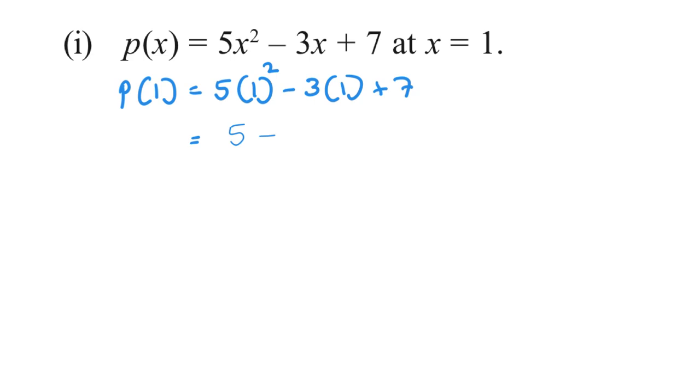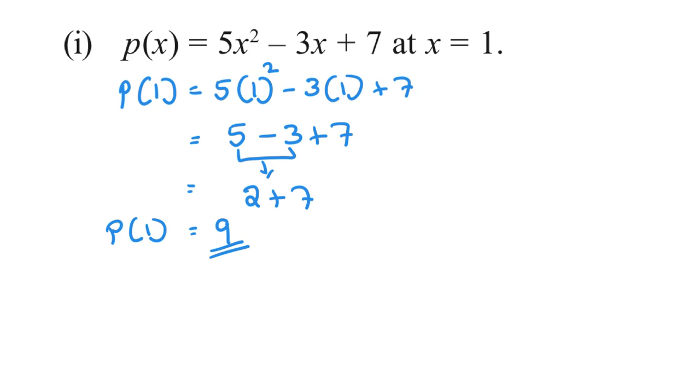Minus 3 times 1 is 3 plus 7. 5 minus 3, of course, you know it's 2 plus 7. So the value of this polynomial at x equal to 1, p of 1, is 9.